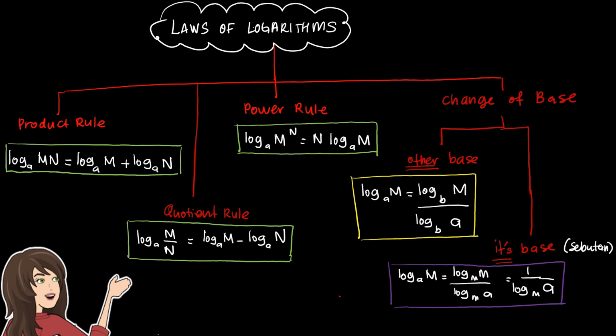Okay, let's continue with our law of logarithm. Okay, you have 5 law of logarithm. Okay, let's go to the number 1. Okay, 1 we have product rule. Product rule is you have a product of sebutan log. Alright, and so I wrote right here. What is product here? The number. Okay, the product of the number sebutan log.